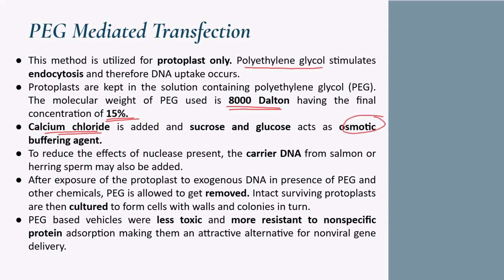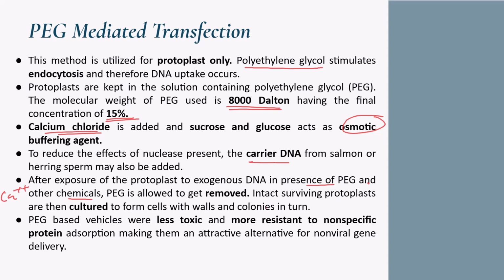Then to reduce the effects of nuclease, carrier DNA from salmon or herring sperm can be used. So this carrier DNA will interact with the nucleases and prevent the degradation of our target gene of interest inside the cytoplasm. Then the exposure of protoplasts to exogenous DNA in the presence of PEG and other chemicals like calcium can be used.